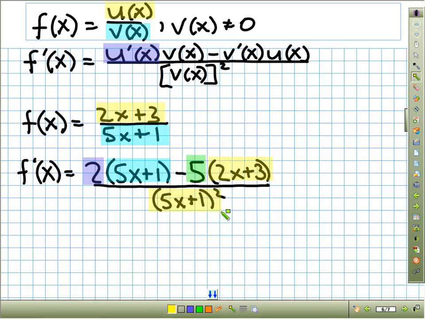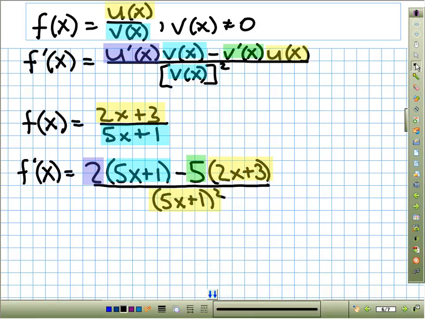Okay. So notice the derivative of the top times the bottom, and then the derivative of the bottom times the top, all over the bottom squared. Okay.